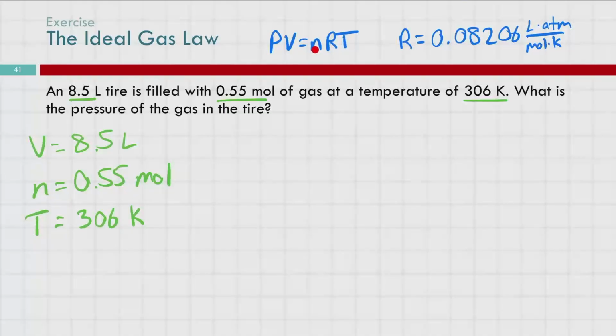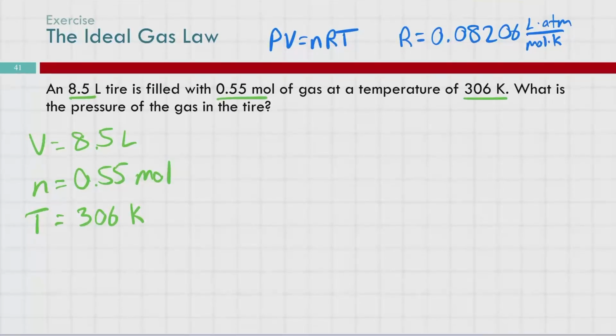N is always going to be number of moles, T is always going to be temperature. So make sure when you're learning PV equals nRT that you actually know what P, V, N, and T are, and that you can identify them in the problem. Otherwise, you cannot solve the problem, right? You'll just be hopelessly confused. And I'll see the question marks spawning repeatedly above your head during the exam, which is very distracting for me, by the way.